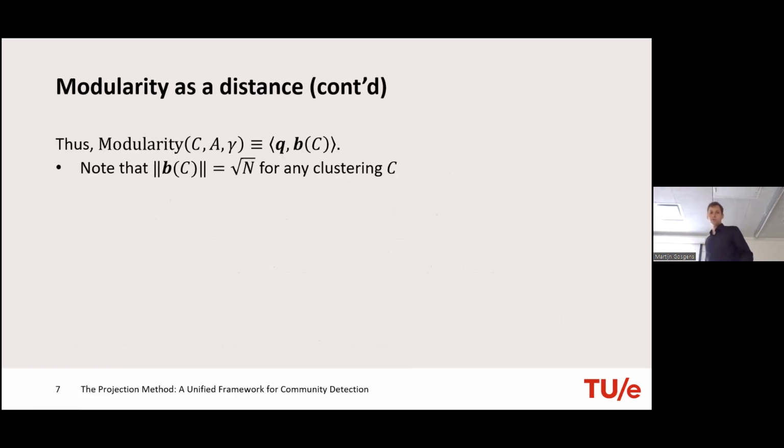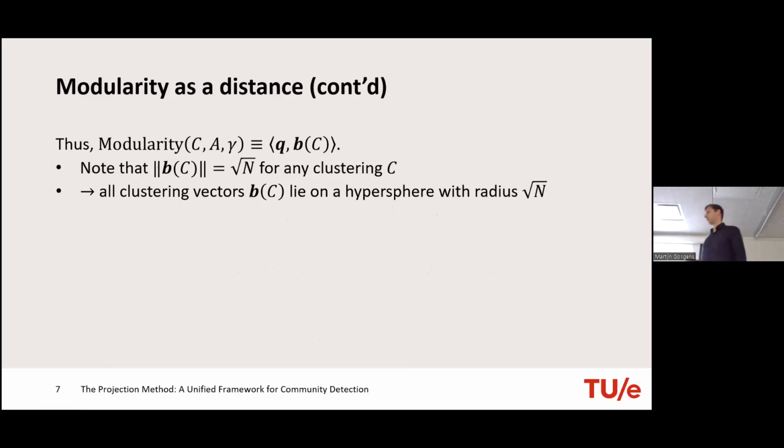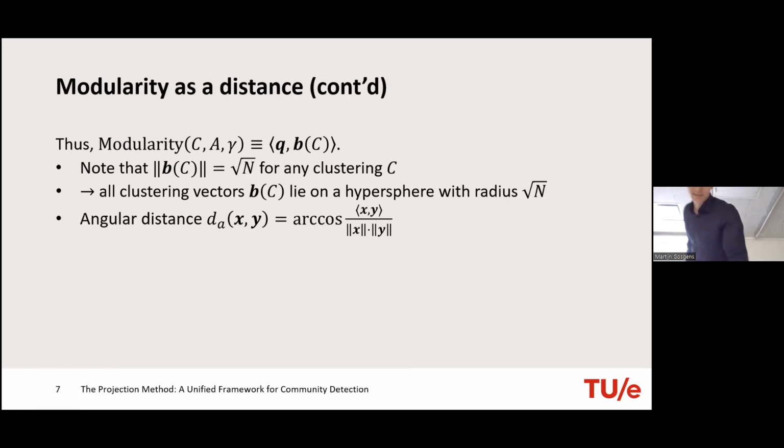But notice that the way that we map these clusterings to these vectors, all of these vectors have the same Euclidean length. So they lie on a hypersphere of this diameter, square root of n choose 2. So therefore, it is natural to look at the angular distance in this setup because they all have equal length.